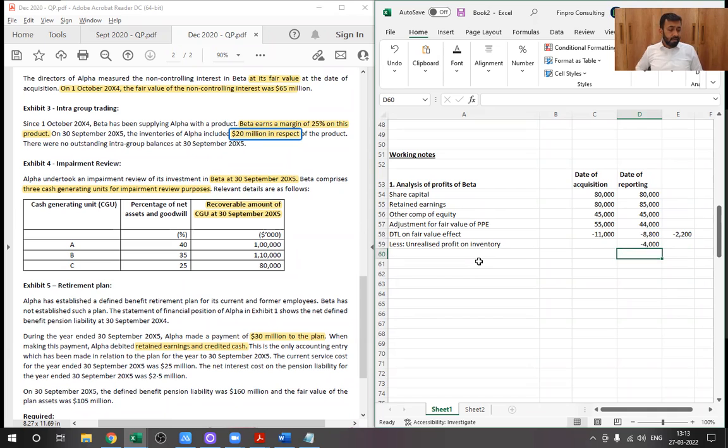Less 4,000. You can also do the adjustment of deferred tax here at the rate of 20%, but they have clearly mentioned if it is not given in the exhibit, you can ignore. If you calculate, you will get marks. I mean, not extra marks, but you can calculate here if you would like to. So 4,000 multiplied by 20%, 800.